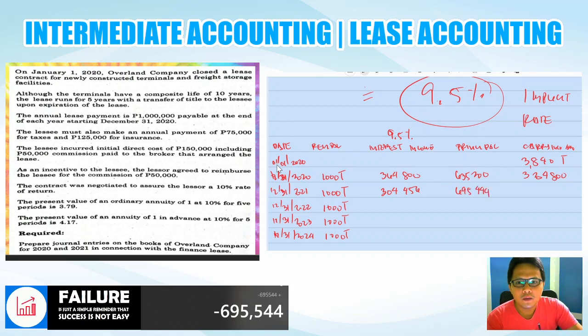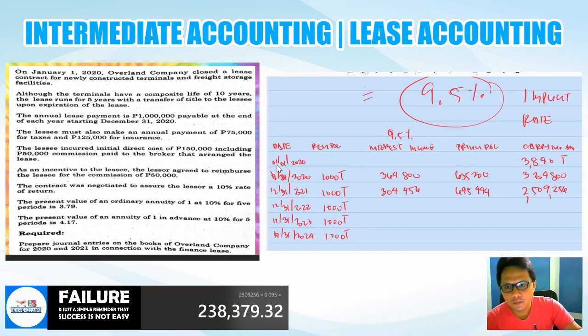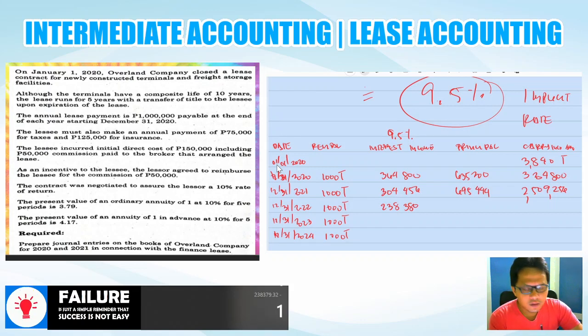695,544 plus 3,204,800. So that is 2,509,256. Multiply that by 9.5%. So that is 238,380, rounded off. Okay? So, deduct that from your 1 million.